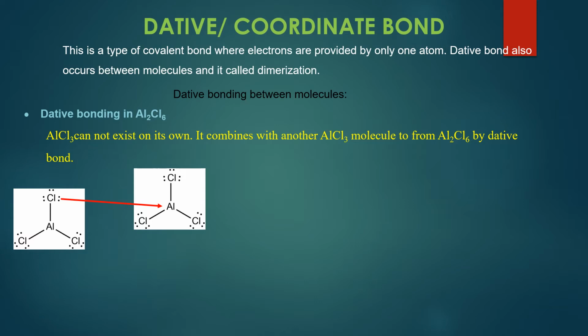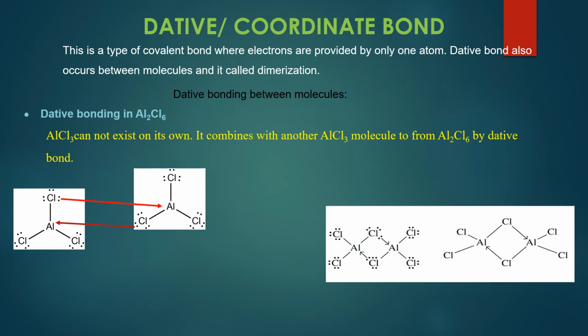You can see that in this process, aluminium is not sharing any of its electrons with the chlorine. Hence, the term dative bonding. Likewise, the chlorine of the other aluminum trichloride molecule will share its electrons with the aluminum of the first one. By doing that, both molecules combine as one, as Al2Cl6.